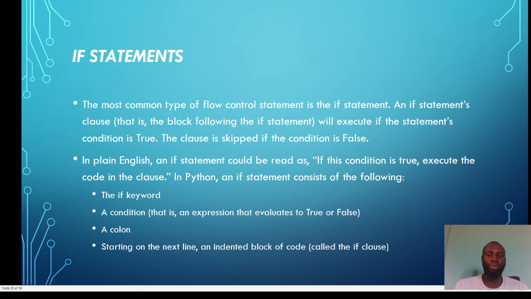In Python, an if statement consists of the following: the if keyword, a condition, that is an expression that evaluates to true or false, a colon, and starting on the next line, an indented block of code called the if clause. So let's show ourselves an example of what we've been talking about.